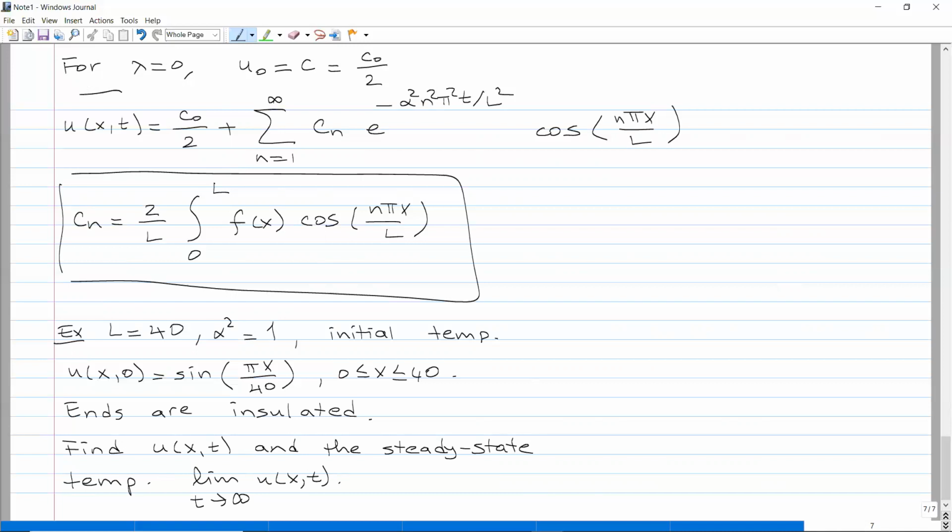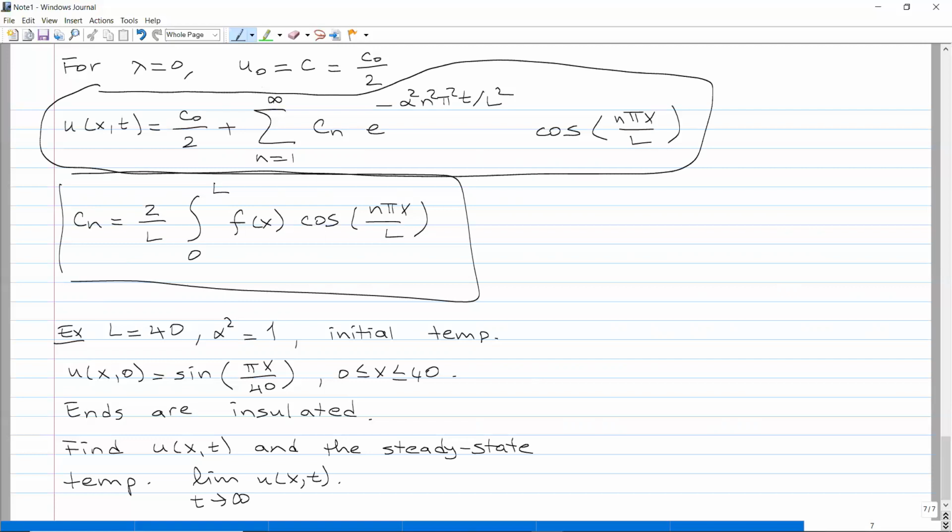Okay, so we know that the solution has this form, and the constants Cn are given this way. So our function u(x,t) is of the form C0 over 2 plus the sum n from 1 to infinity Cn e to the minus alpha squared, which is 1, n squared pi squared t over L, which is 40, so 1600, cosine n pi x over 40.